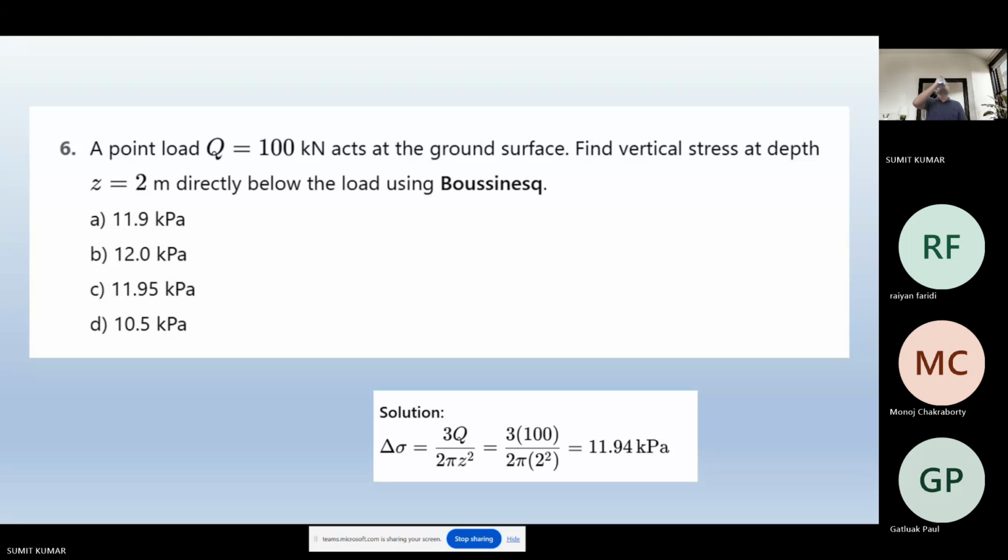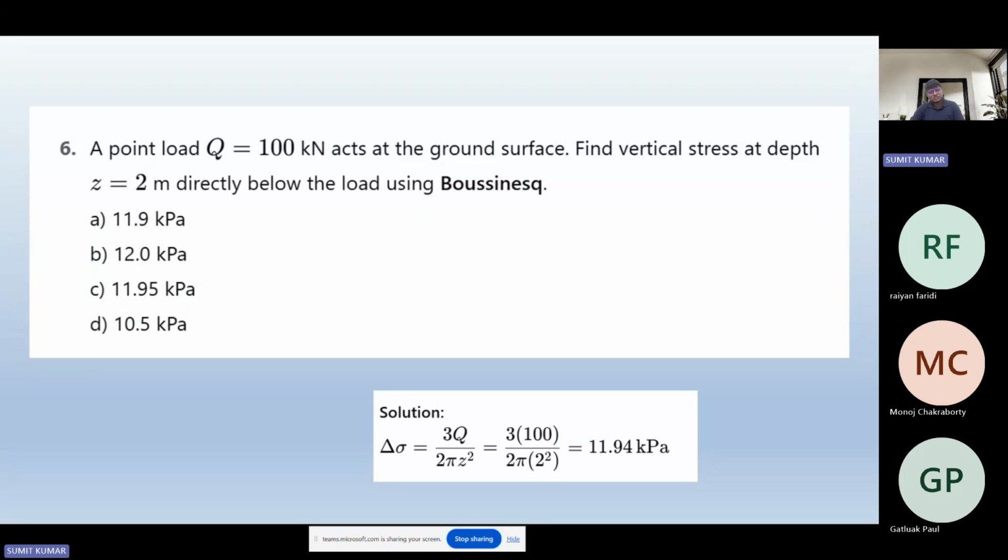Remember the Boussinesq equation: 3 by 2π into Q by z² into 1 by (1 plus r² by z²) to the whole power 5 by 2. As r is 0, that term becomes 1, and 3Q by 2π z² comes out to 11.94. So the closest option is option C.